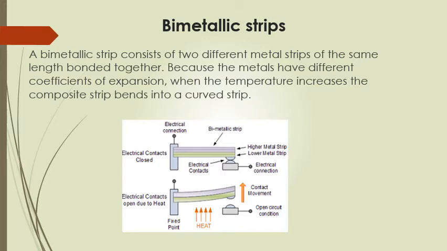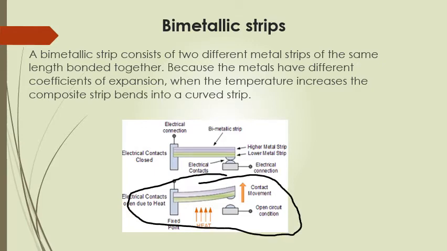As we can see here, we have the two strips together. One is of a higher coefficient of expansion, the other one is of lower. So when heated, as seen here, the top one with the higher coefficient expands faster, and then it bends the strip and opens this contact here.